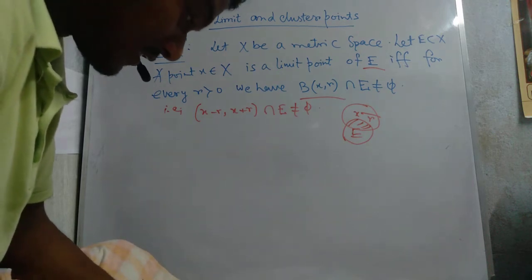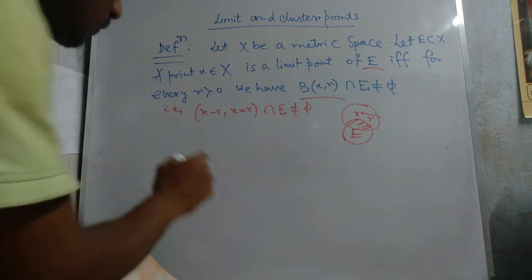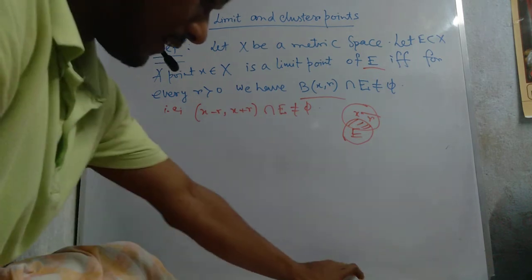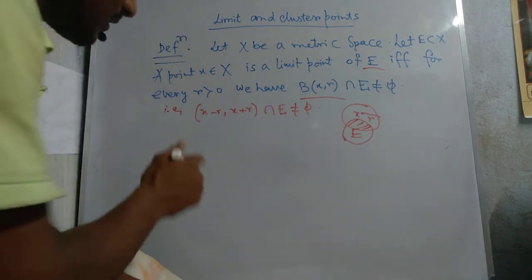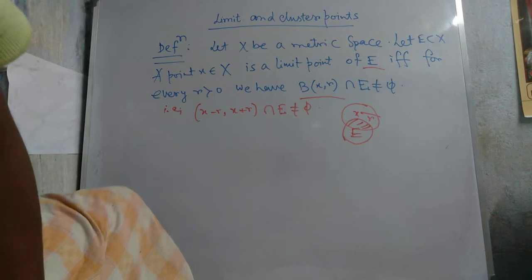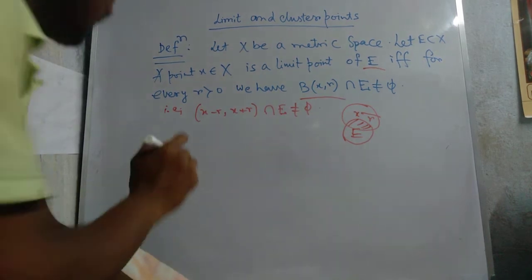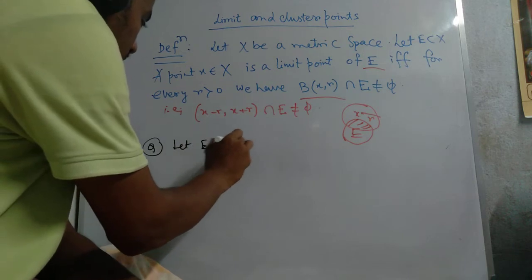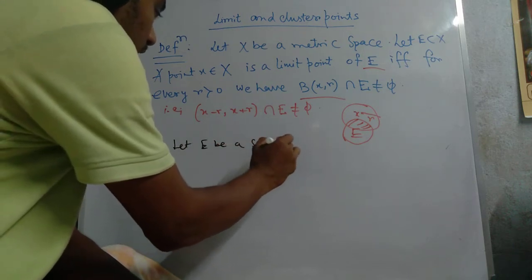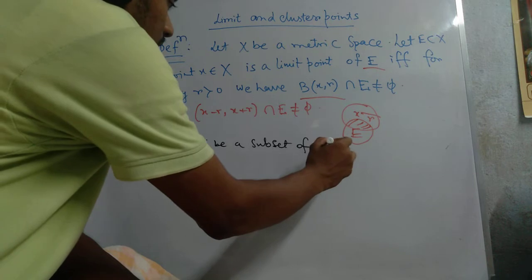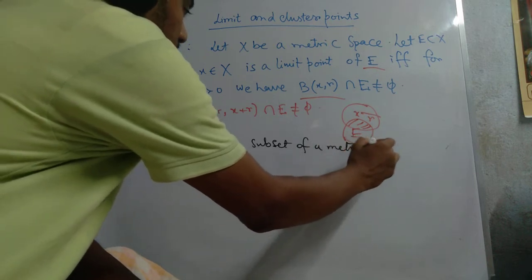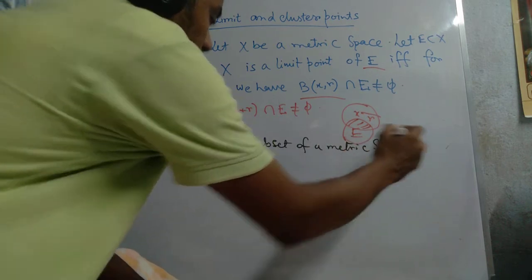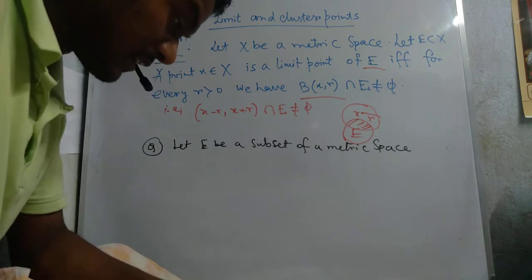Now we start with some questions. Let E be a subset of a metric space.